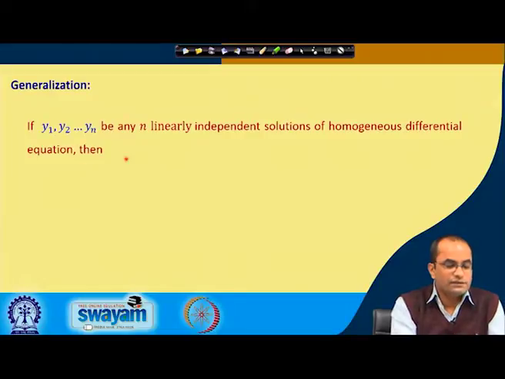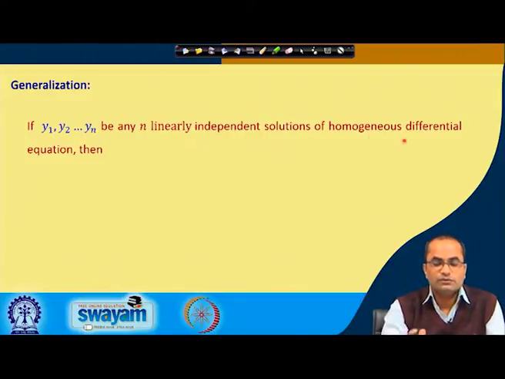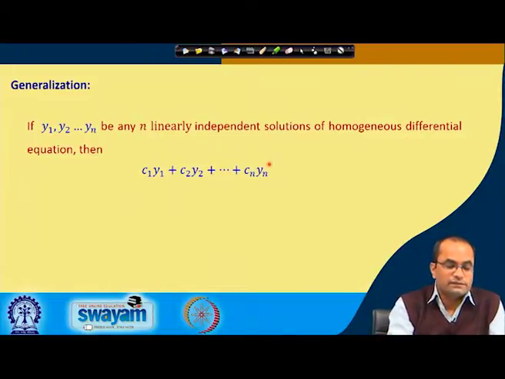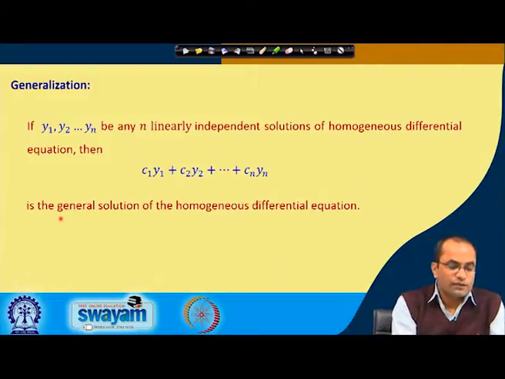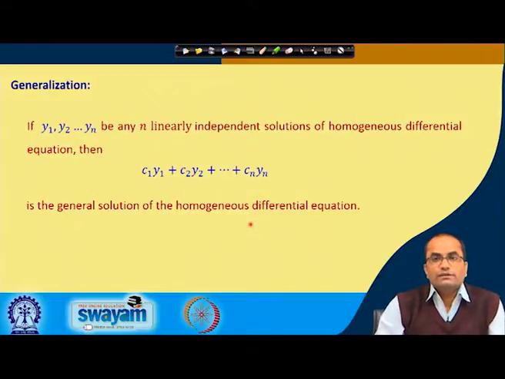So, here the generalization is that y 1, y 2, y 3 up to y n be n linearly independent solutions of the homogeneous differential equation, and in that case C 1 y 1 plus C 2 y 2 and so on up to C n y n will also be a solution of the given differential equation.